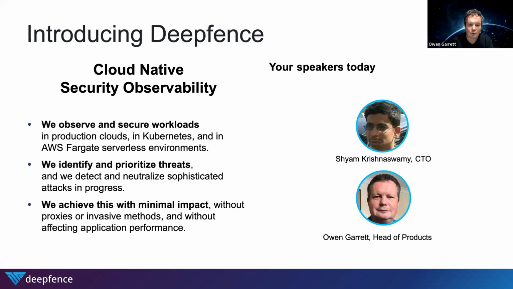By observing, we identify threats: systemic vulnerabilities, so maybe the inclusion of a vulnerable Log4j module in a Java application, and threats, attack behavior, as attackers are trying to exploit and leverage that vulnerability to gain code execution or privilege escalation.